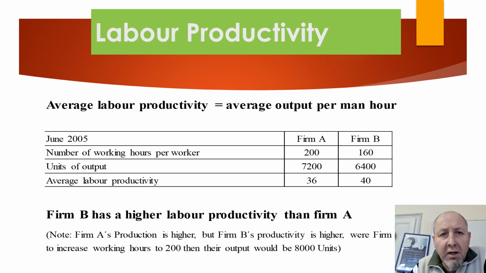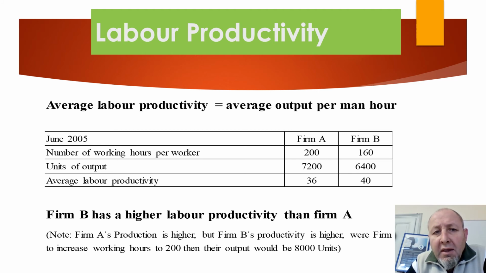All right, so the idea of labor productivity. Average labor productivity is the average output per, let's call it, man hour. Here we have a little table. In June 2005, firm A spent 200 working hours per worker, and firm B spent 160 working hours.